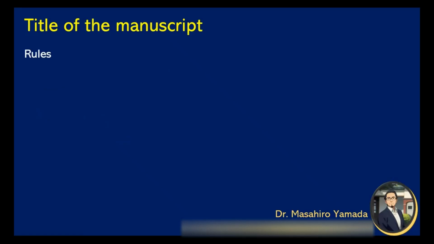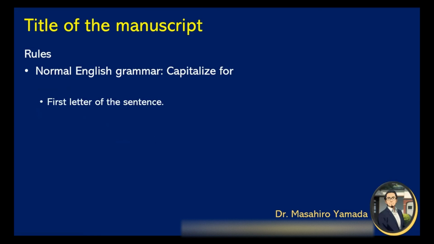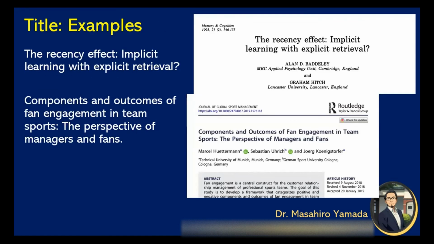The title of the manuscript is also simple. You just follow normal English grammar. You capitalize only the first letter of the sentence and also the first letter after a period or a colon. Depending on the journal, they actually apply different rules.